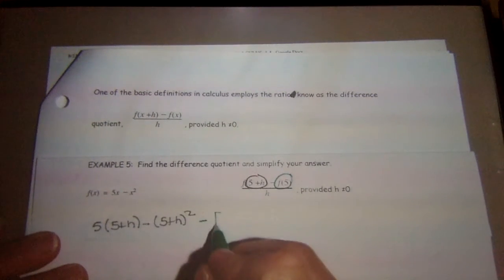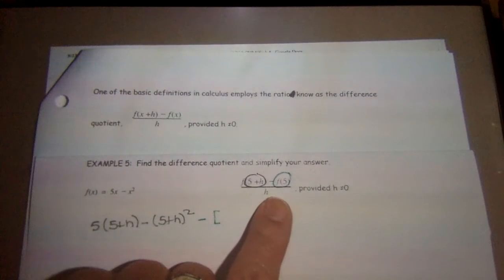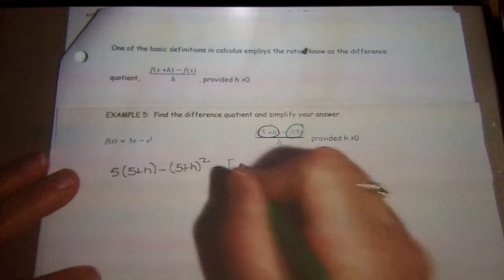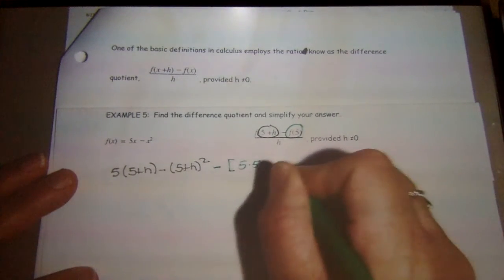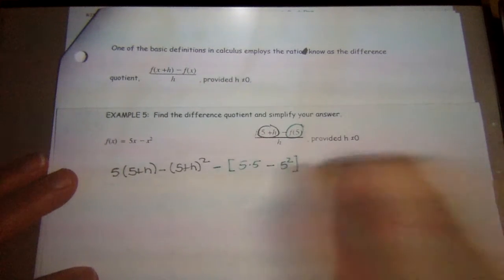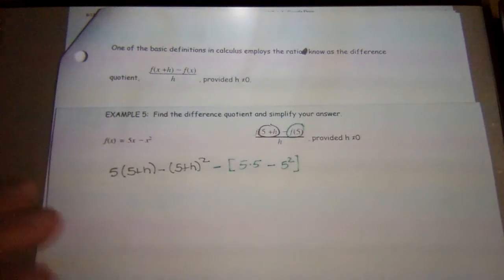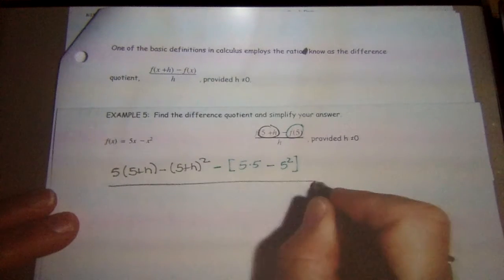Minus what I get when I plug in 5. So that's going to be 5 times 5 minus 5 squared. And then it's all over this h right here.